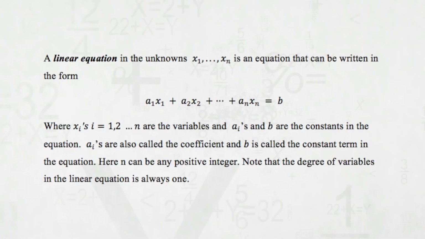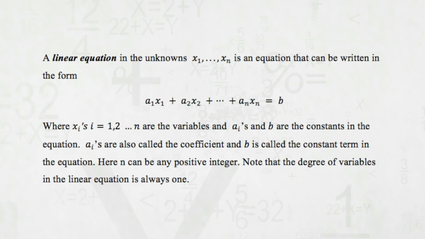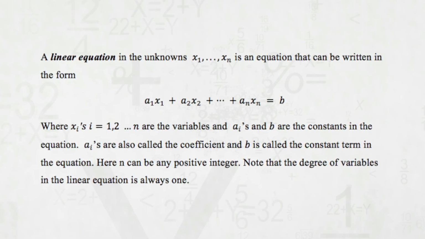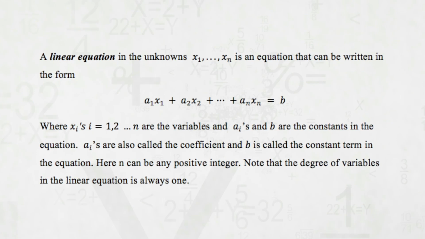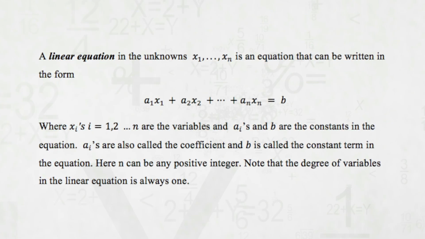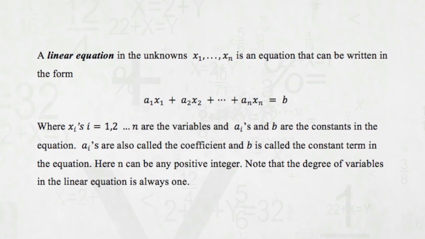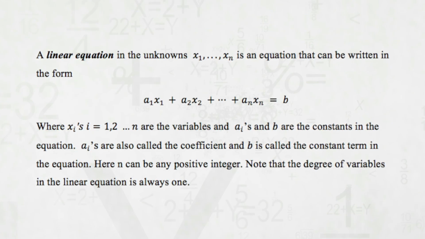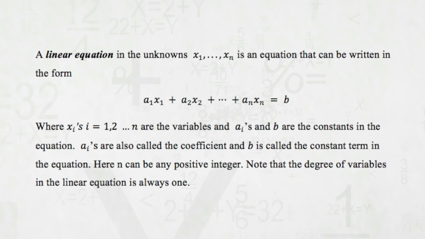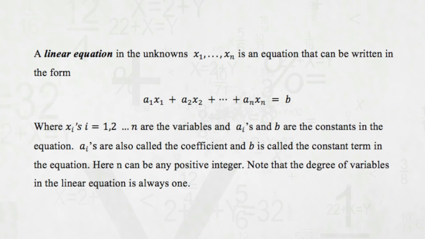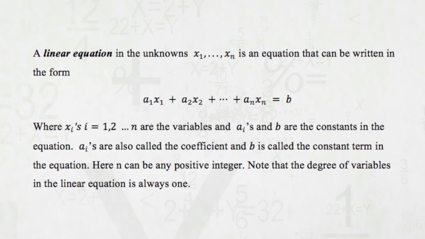A linear equation in the unknowns x1, x2, etc., xn is an equation that can be written in the form a1 x1 plus a2 x2 plus etc. plus an xn, that is equal to b, where xi's, ranging from 1 to n, are the variables and ai's and b are the constants in the equation.